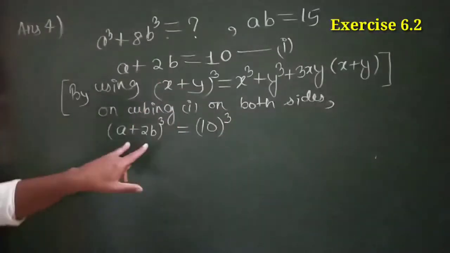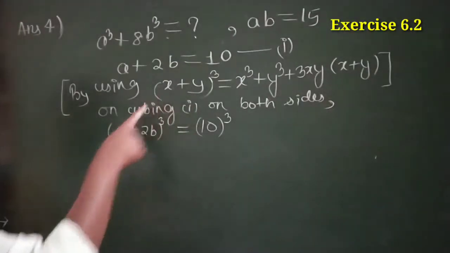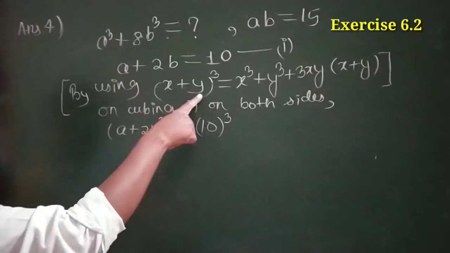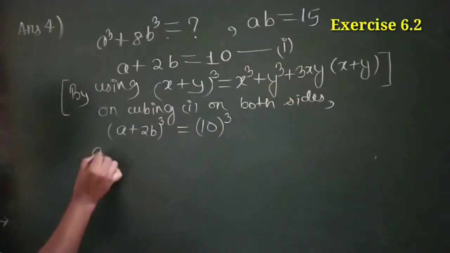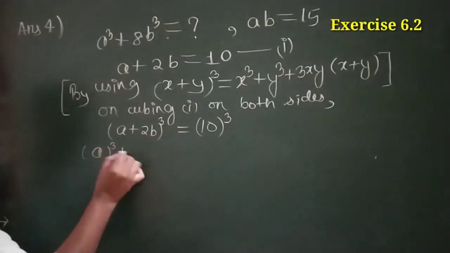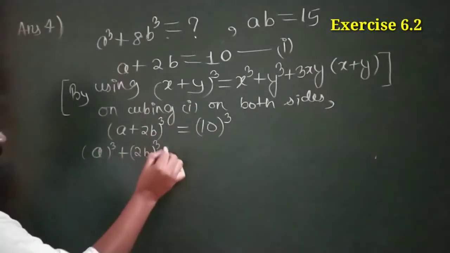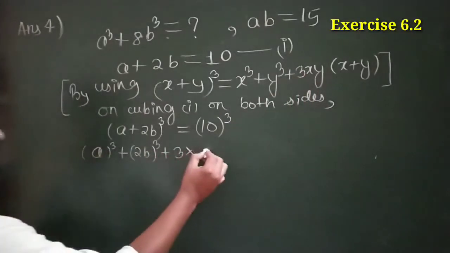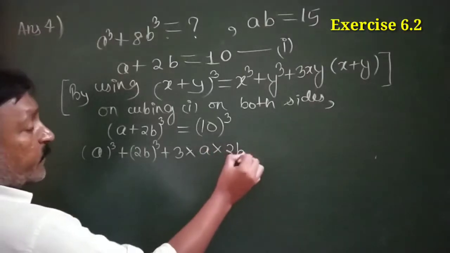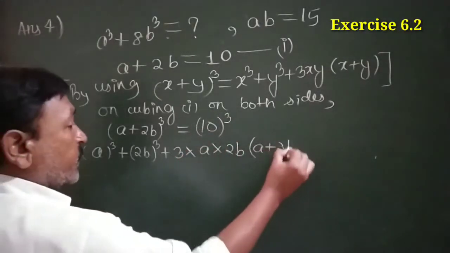Okay, on the left hand side we can apply this formula. In place of x, here is a, in place of y, here is b. So just write the expansion: a cube plus (2b) cube plus 3 into a into 2b in bracket a plus 2b.